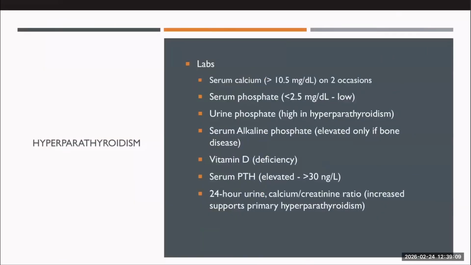Labs: calcium will be high, phosphate low because our kidneys are getting rid of it. Urine phosphate is going to be high because with hyperparathyroidism, the PTH is going to cause all that phosphate to leave into the urine. Serum alkaline phosphatase is going to go up if they have the bone problem where it's resorbing the bone.